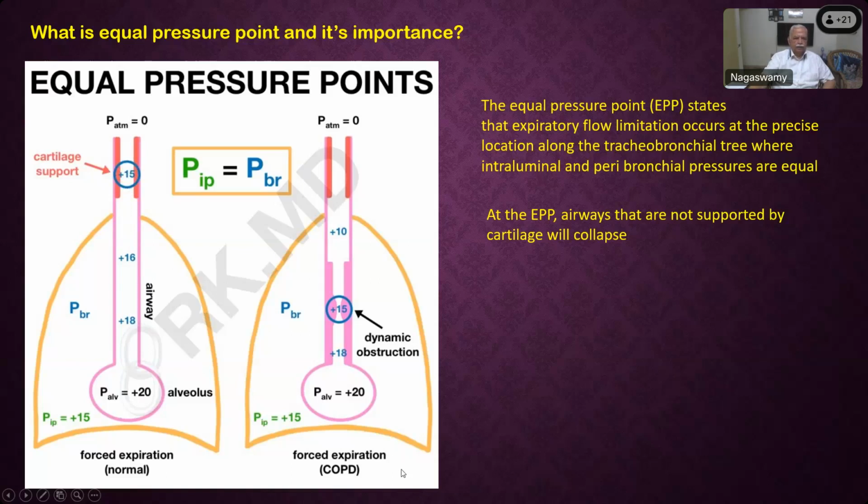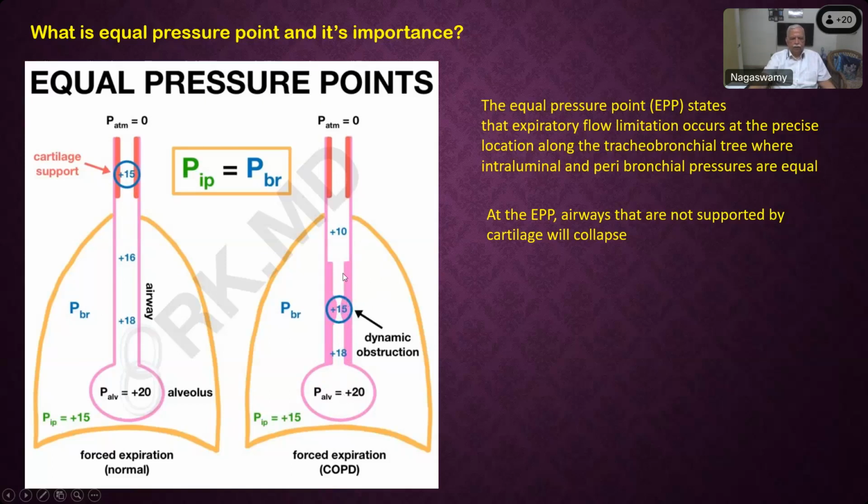And in a patient with COPD, because the dynamic obstruction is there in the lower airway itself, as the alveolar air goes out within the thoracic cage itself, where there is no support by any cartilage, the pressure drops to 15. So the obstruction becomes so much that the patient has to put in more effort to breathe out or expel this air.